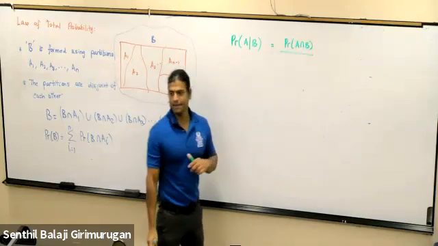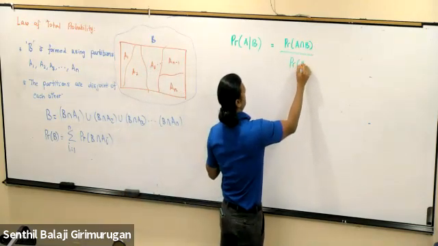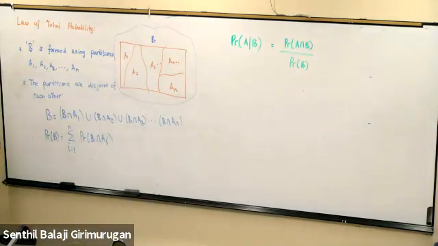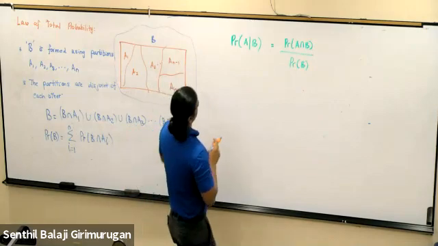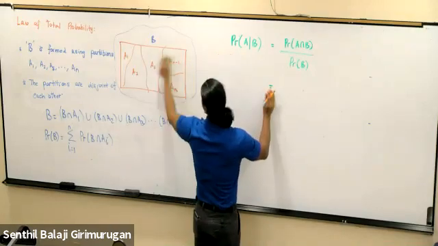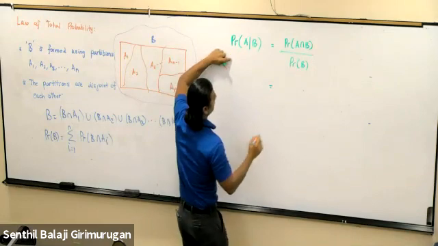Probability of A intersect B divided by the probability of B. This is the same B. It's the same B, there aren't multiple B's. Which A is it? That's an arbitrary A. It's the union of those, A sub I.